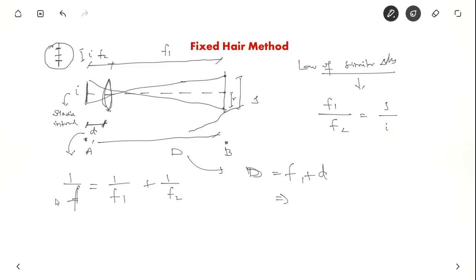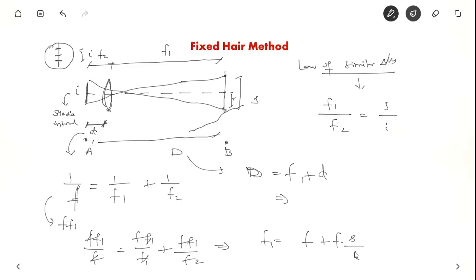So you multiply this equation by F1. So you have F1 equal to F plus, this will get cancelled, F1 equal to F plus F into S by I. If you put that equation here, you will have F into S by I plus F plus D. So we can write it as Ks plus C. We have two constants here, K and C. K is known as the multiplying factor, also known as the stadia interval factor.